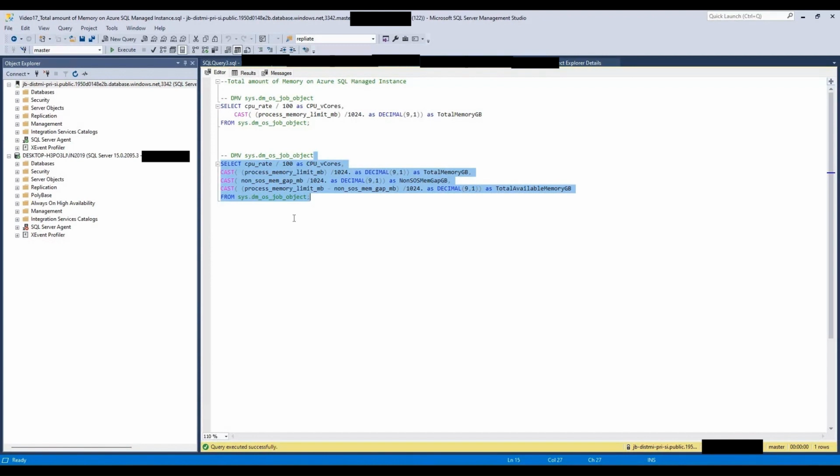The only way to get the amount of memory for Azure SQL Managed Instance is by using a T-SQL query. And one important thing is that you will not be able to increase the amount of memory on an Azure SQL Managed Instance individually. The only way to increase the amount of memory on Azure SQL Managed Instance is to increase the number of vCores.